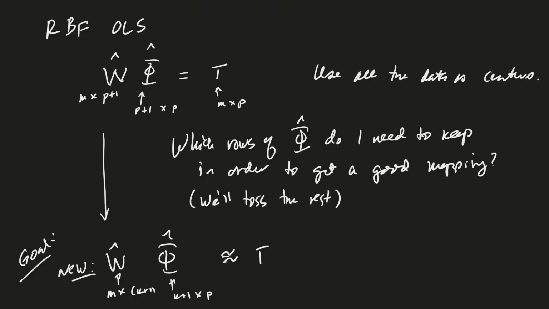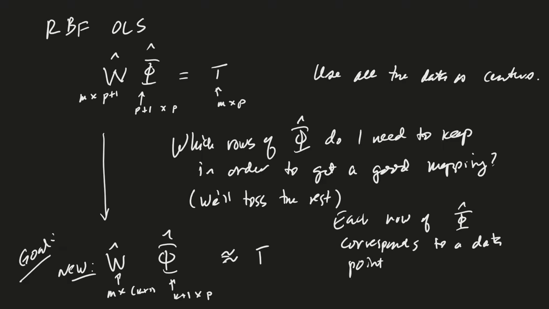Now I should also mention that each row of phi hat corresponds to a data point, right? Because there are P rows of phi hat, each row corresponds to a data point.